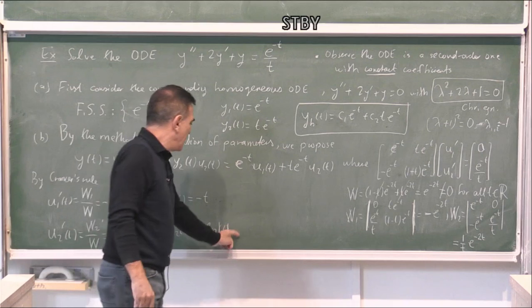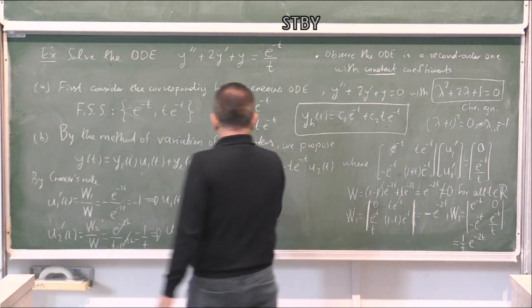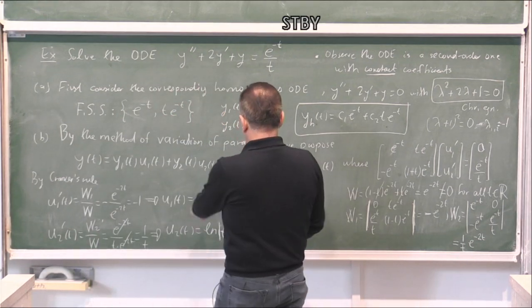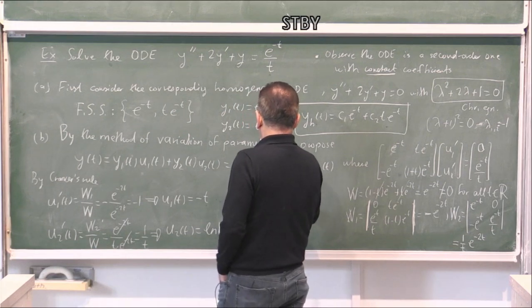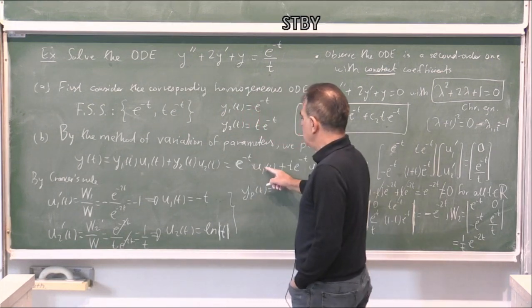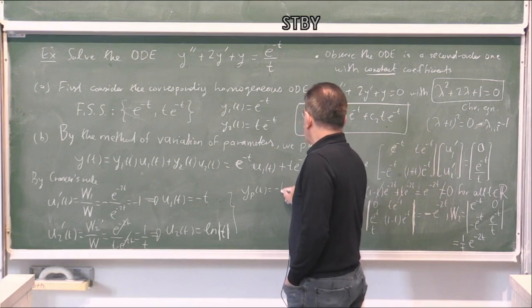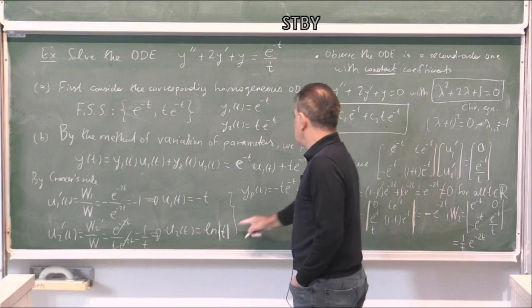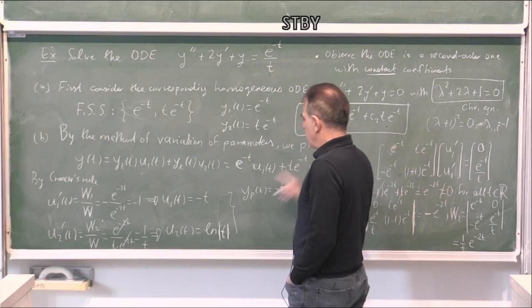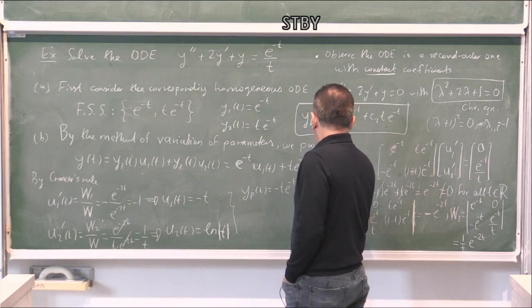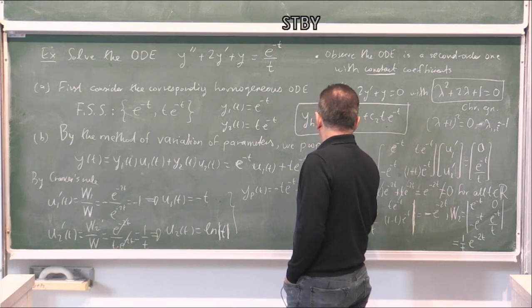So I omit again the constant. So with this u1 and u2, the particular solution is e to power minus t times u1, so minus t e to power minus t, plus u2 times t e to power minus t, so t e to power minus t ln t.